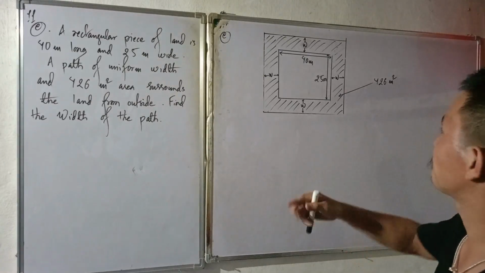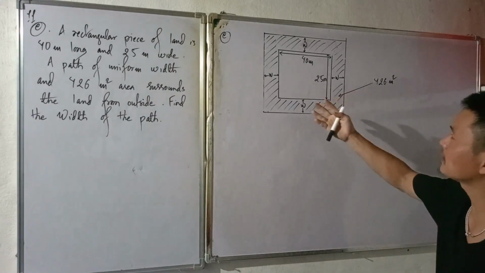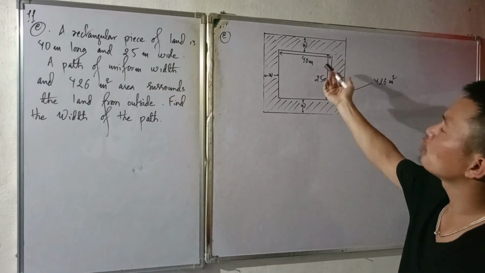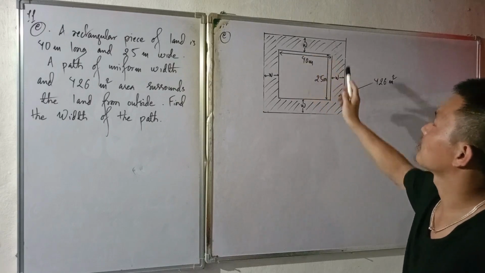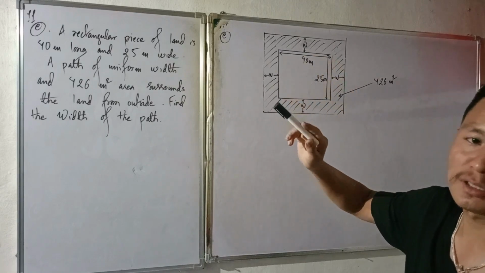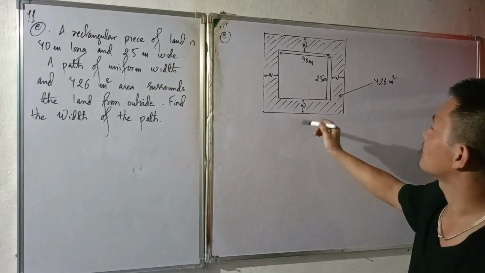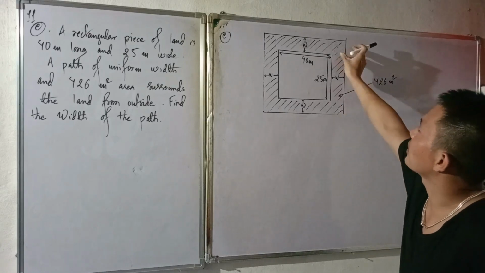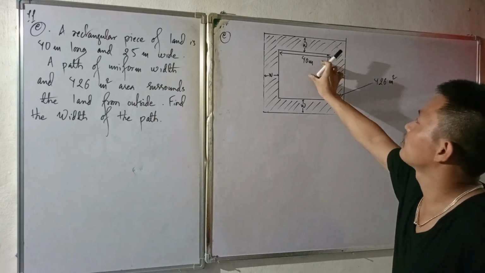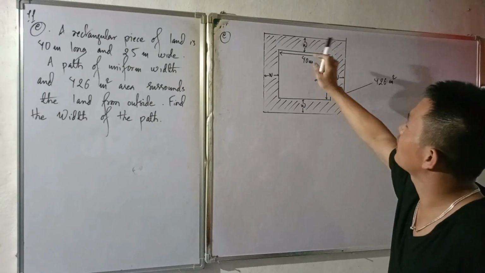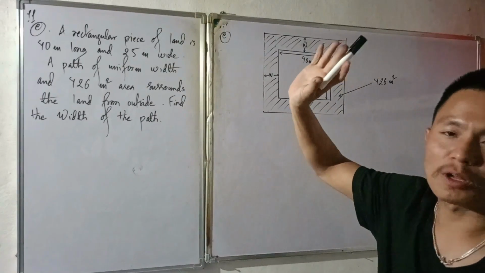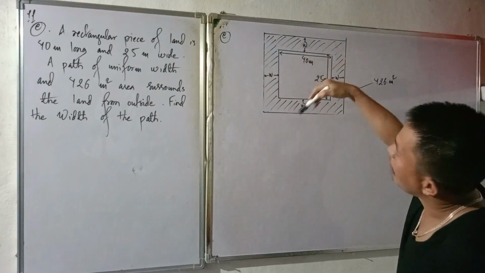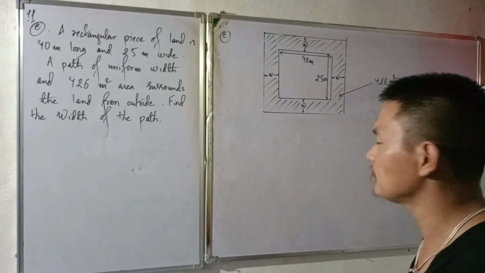Now listen. How do you find the area of the shaded part? In the past, you did the area of the big box minus the area of the small box. That will give the area of the shaded part. So I'm going to use the same principle here.